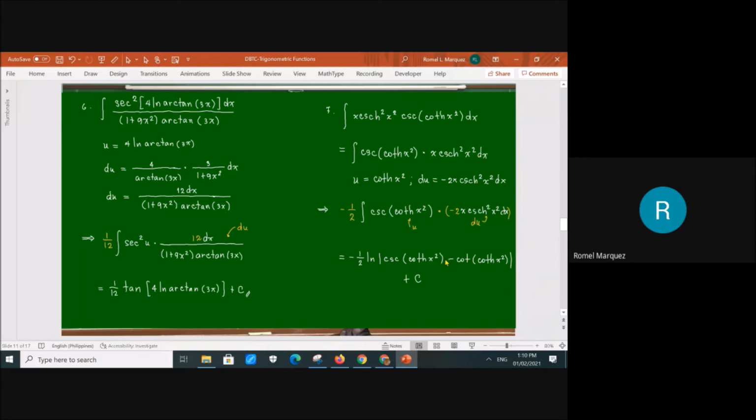If you use hyperbolic cosecant plus hyperbolic cotangent, you put negative outside, negative, so you will be having positive. So it means you have an alternative answer of 1/2 ln of the absolute value of cosecant of hyperbolic cotangent x squared plus cotangent of hyperbolic cotangent of x squared plus c.